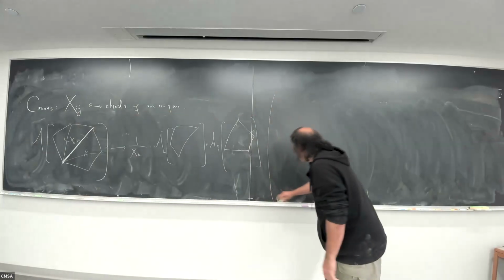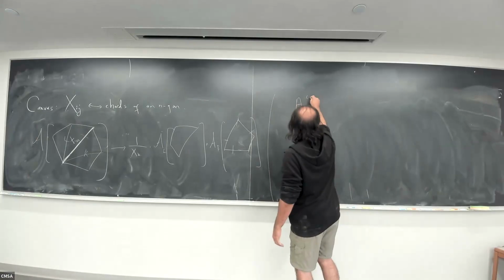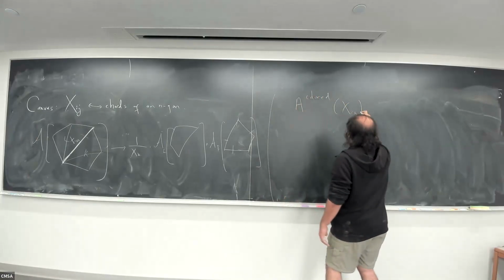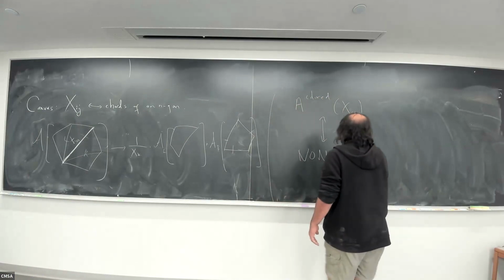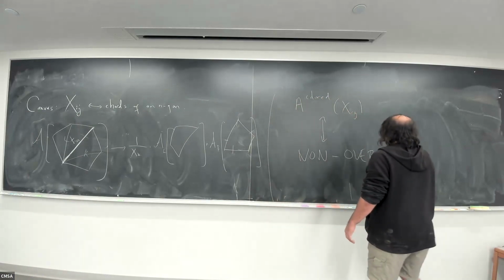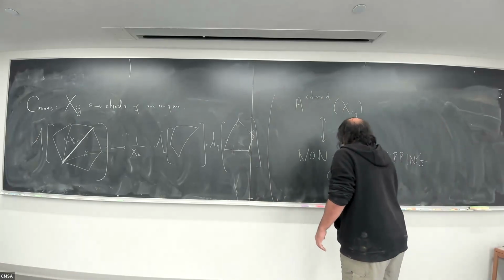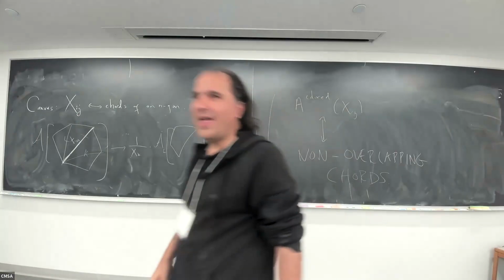So you see that the story of these amplitudes in X space, the story of these A-colored amplitudes in X space, is all about non-overlapping chords. I have to take all the possible non-overlapping chords.